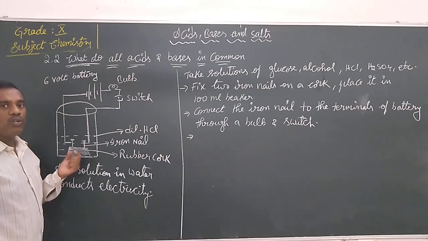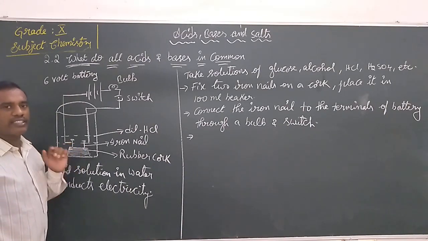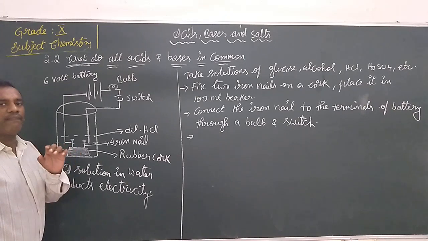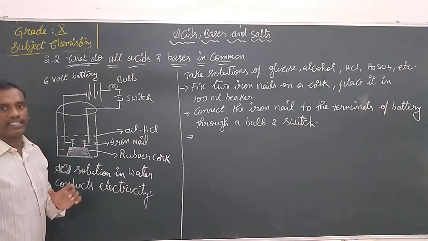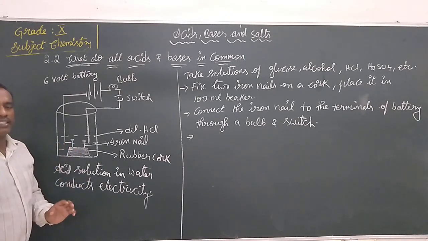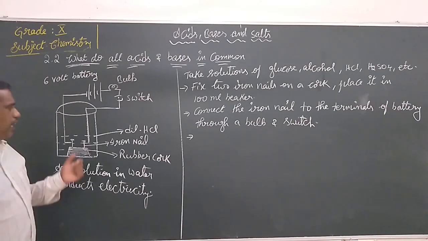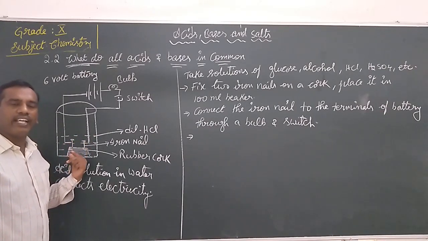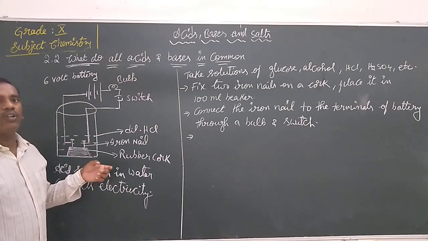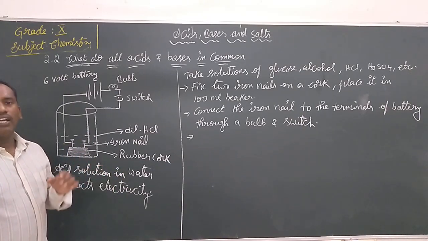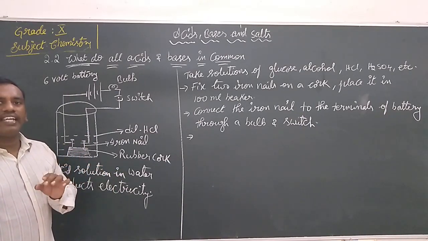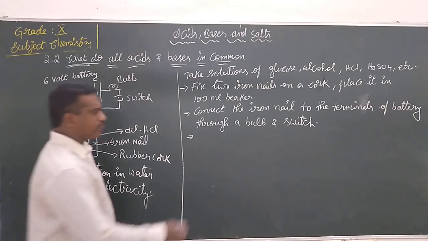Now in order to show the circuit is completed, there must be some flow of ions. For that purpose, we are going to take dilute hydrochloric acid in the beaker. What happens when acid is dissolved in water?